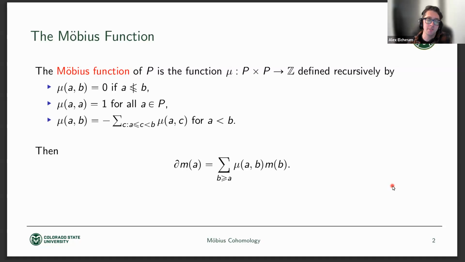So that Möbius function is associated to the poset, it's kind of intrinsic to the poset, and then you can compute the Möbius inversion of any function by doing a sort of convolution. You take m and you convolve it with the Möbius function and you recover the Möbius inversion of m.